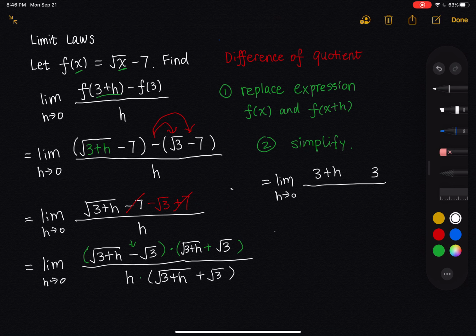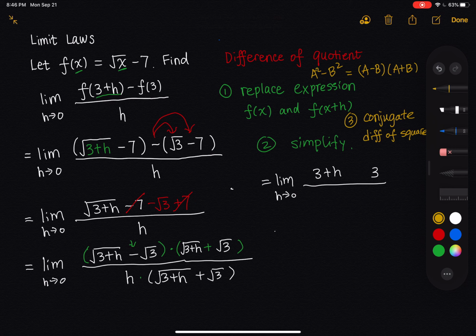And we're using a conjugate. So if you use a conjugate, what we need is the difference of squares formula. To make it simple, a minus b times a plus b is just a squared minus b squared.